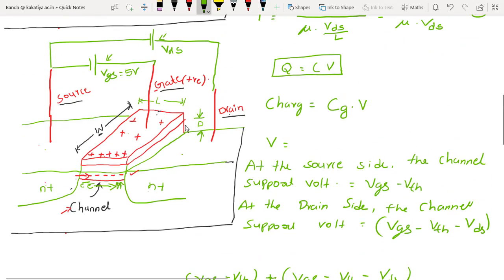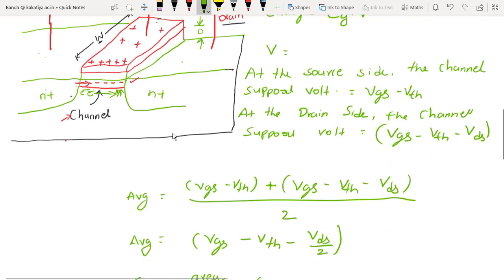And the thickness is D, the oxide thickness.